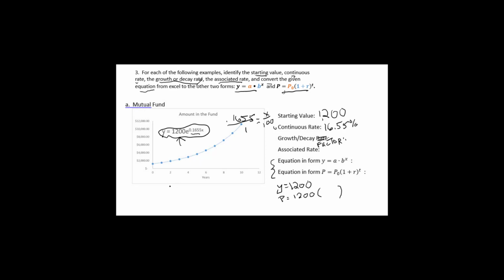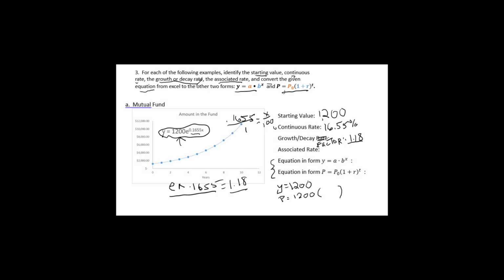And it's going to be just putting in your calculator e raised to the 0.1655 power. You just simply put that in your calculator and see what you get. And when I put that in and round it, I get 1.18. That is what you're going to multiply by. 1.18. That is 1 plus R.